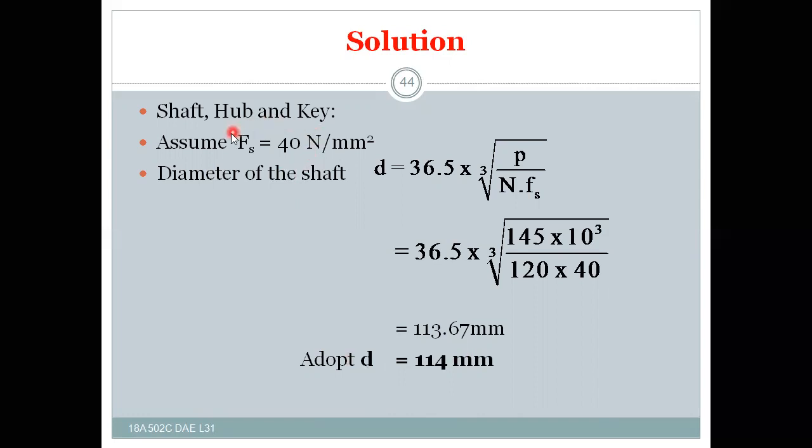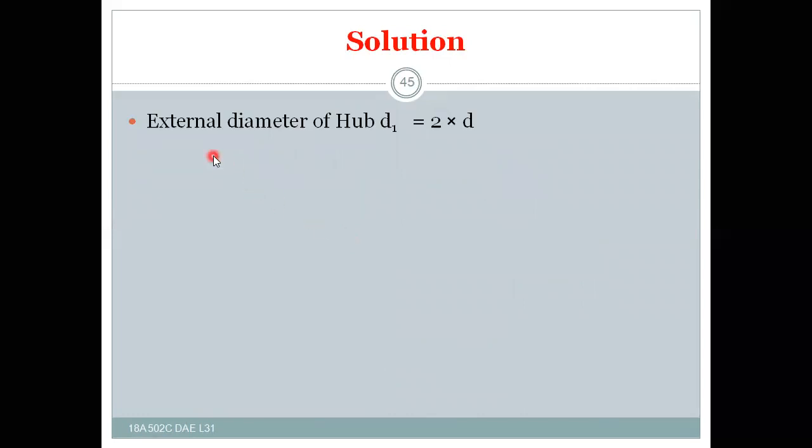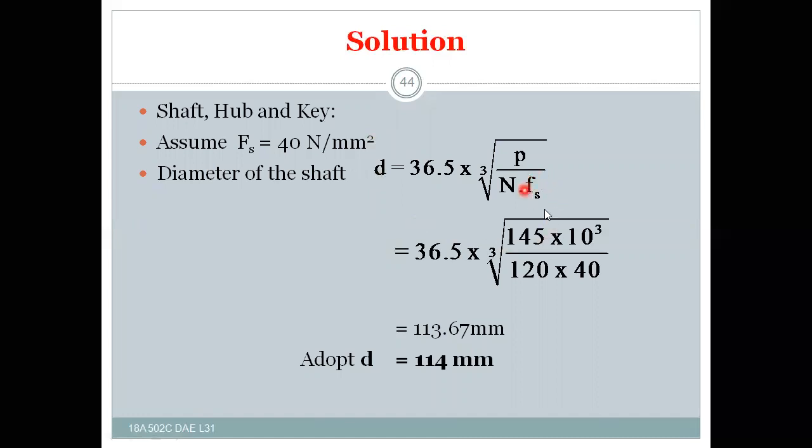You should have certain knowledge for assumption of this Fs, the shear stress in the shaft. You must remember this value.